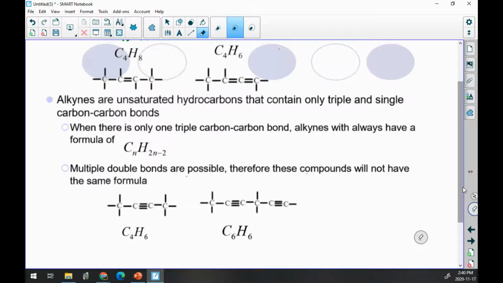Because, again, to form this triple bond, I remove 4 hydrogens from a saturated, and I remove 4 for that one. So when we talk about the formula unit, if it's CnH2n and it contains multiple bonds, it's going to be an alkyne, but it can also be an alkene with a ring structure.